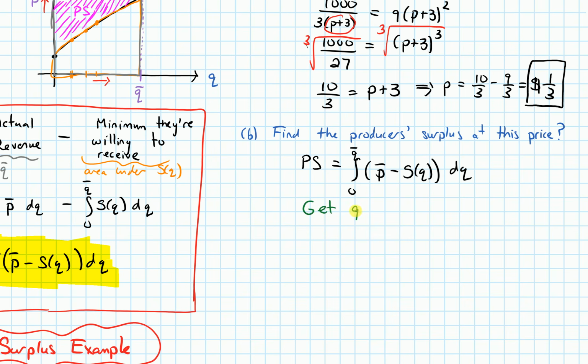Let's get Q bar. So I know what the price is, because the question said find the producer surplus at this price, meaning the price that we just got in part A, which was 1/3 of $1. So that's my P bar. P bar is the price that they are charging. Okay, that is 1/3. And I need to use that to get Q bar. Okay.